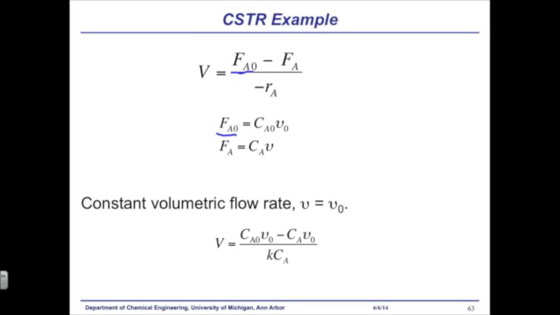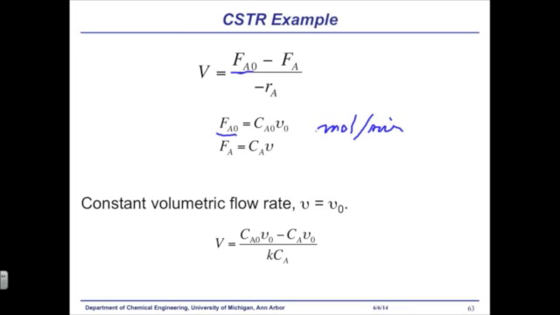So the units of this will be moles per minute. And likewise for the exit concentration, the concentration of A, moles per unit volume, times the volumetric flow rate, decimeters cubed per minute, and again it will be moles per minute.